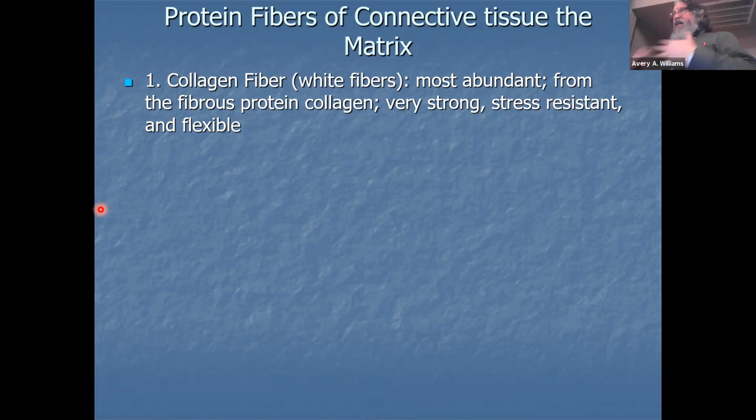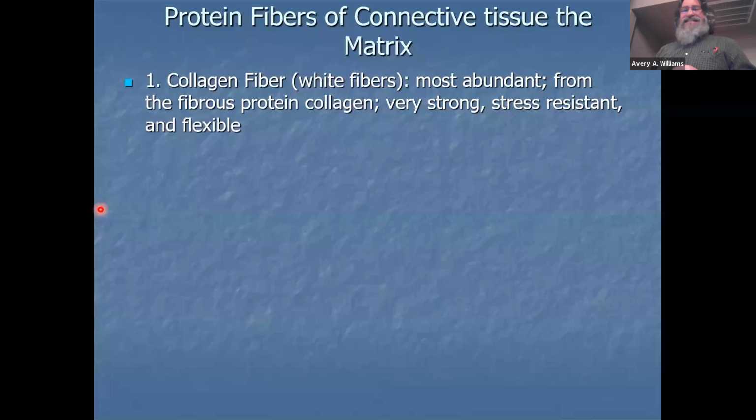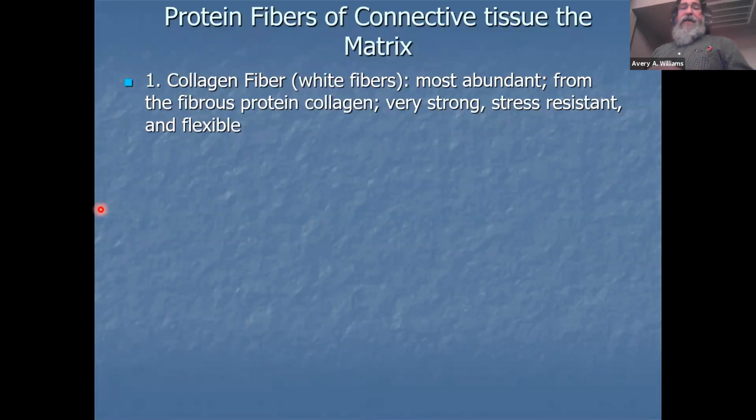So collagen fibers are very common in different types of connective tissue. Here I tell you, collagen fibers are the most abundant. They're formed from the protein collagen, and that's what they're named after. And of course, functionally, the collagen fibers provide a very strong, stress-resistant and flexible structure.